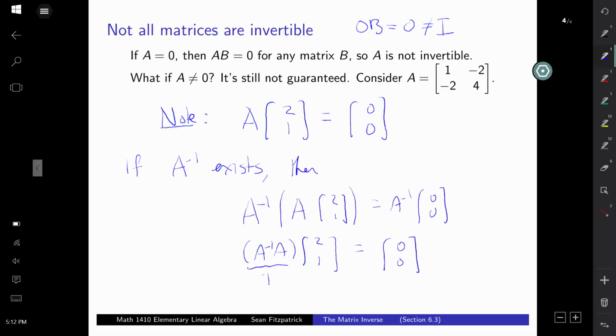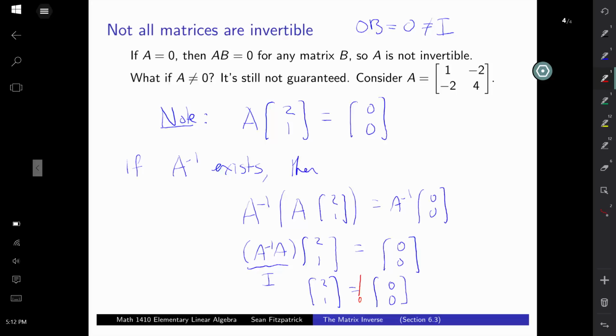But A inverse times A would be the identity matrix. By definition, this is supposed to be the identity matrix. Multiplying by the identity just gives me whatever I started with. And well, there's a big problem. The vector (2, 1) is not equal to the vector (0, 0). And so A can't possibly have an inverse, because if it did, I run into this contradiction.